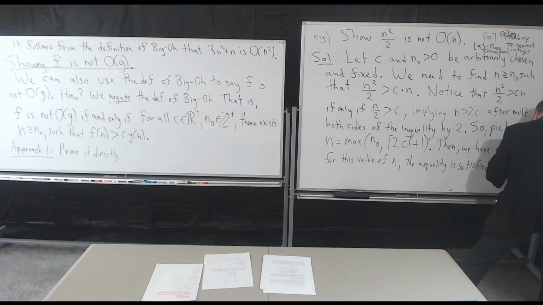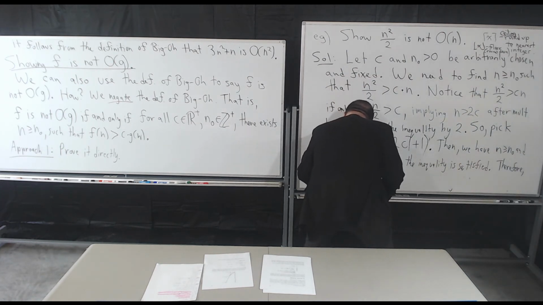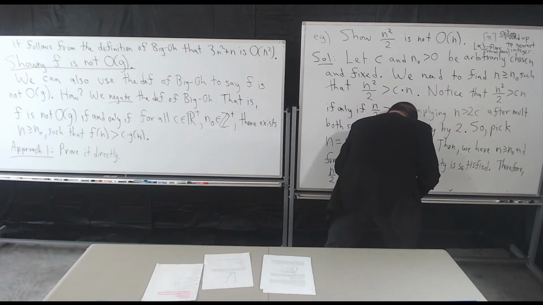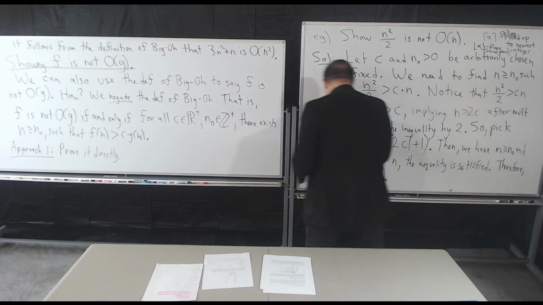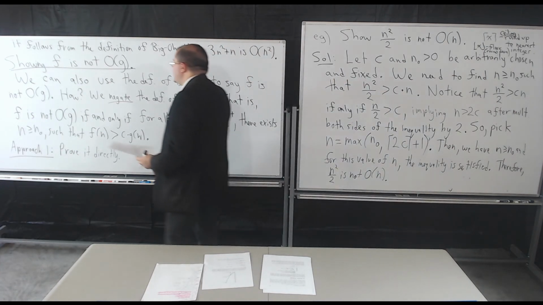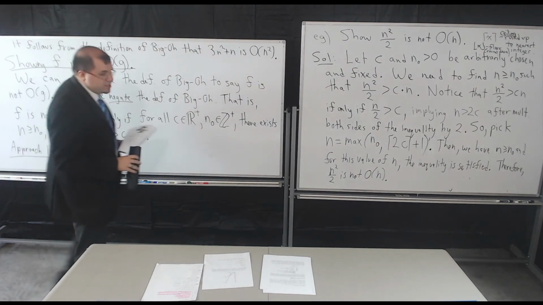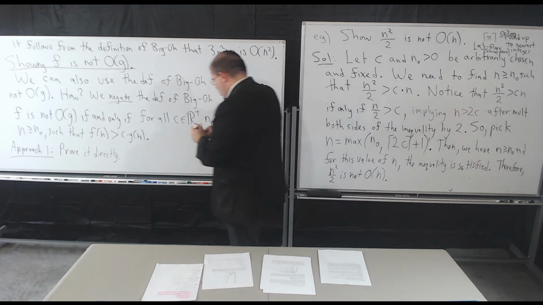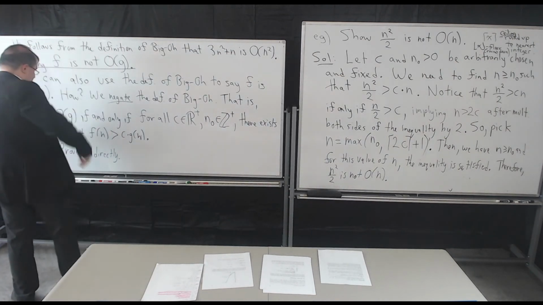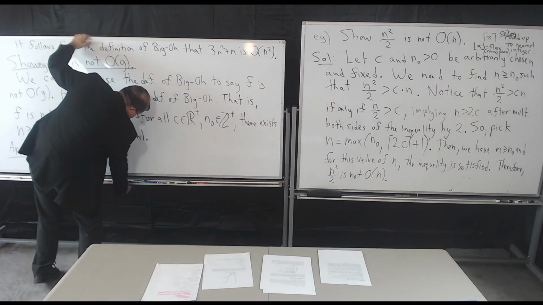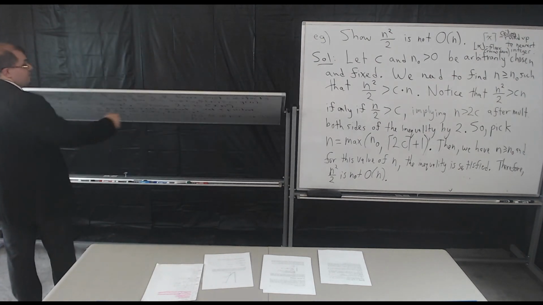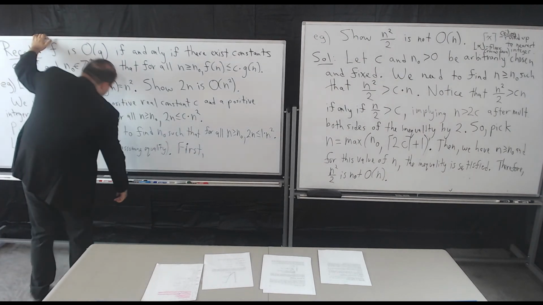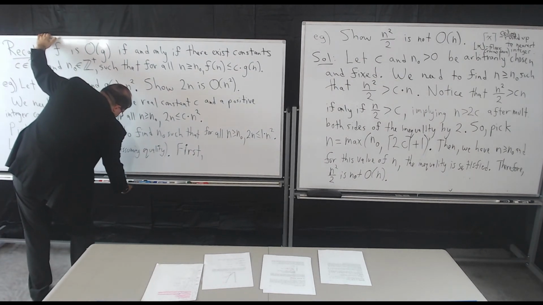Therefore, n squared over 2 is not big O of n. And we're done. Isn't that cool? So remember, the game plan is just to select an n, so that no matter what Gremlin Dan underneath the table gives you, it will work and satisfy the negation of our original inequality.